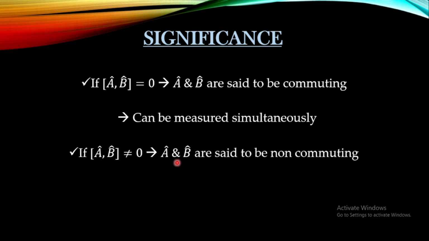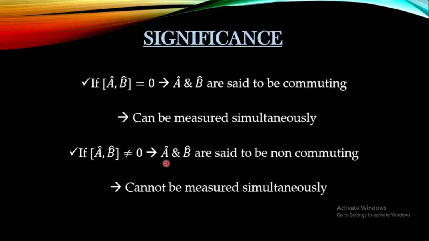So they do not commute with each other, and in that case we can say that these two operators and the variables corresponding to them cannot be measured simultaneously. So at a given time both parameters cannot be measured. At a time only one parameter can be measured, and the other needs to wait for a later time.